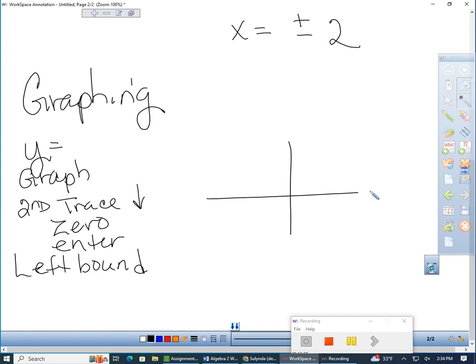So let's say I have this, and my parabola looks like this. You have to move the little flashing cursor till it's above or left of where the 0 is. If here's my 0, left of it is right there on my parabola. Then you hit enter. As soon as you hit enter this time, then it says right bound. So now you're going to move your cursor below where it crosses. So for right bound, and then you hit enter.